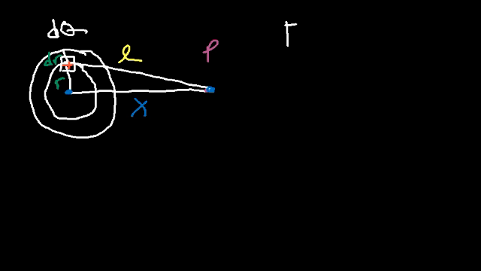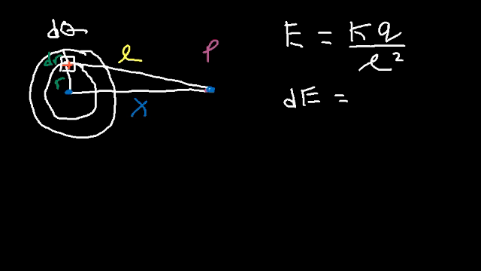The electric field created by a point charge is equal to k times q divided by r squared, in this case L squared, since L is the distance between this small segment of charge and point P. Now that small segment of charge, dq, will create an electric field at point P known as dE. So dE is going to be k times dq divided by L squared.